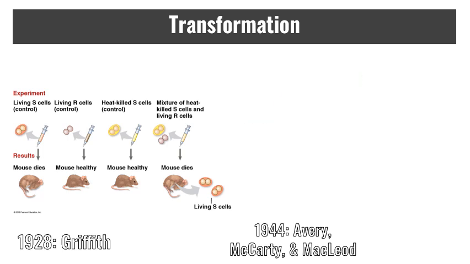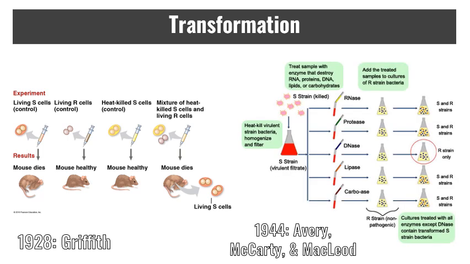This was extended in the 40s with Avery, McCarty, and MacLeod, where they took the same test that Griffith did, but each one had all but one thing killed, essentially. Okay, so all the proteins are destroyed, all the lipids are destroyed, all the carbohydrates are destroyed. Okay, the only one that did not transform was the one that was exposed to a DNase.